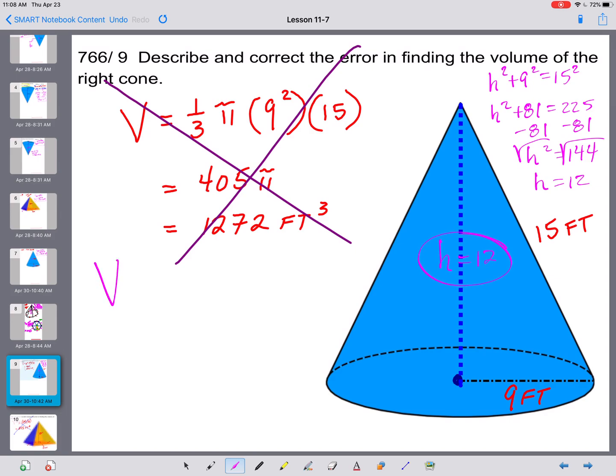Now let's do it. Volume of a cone: 1/3 base area times the height right down the middle. Yep, base area is pi r squared because it's a circle. So pi 9 squared. The height right down the middle is 12. Let's do it.